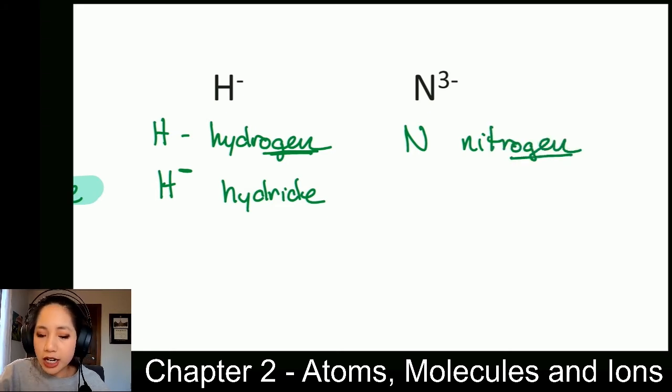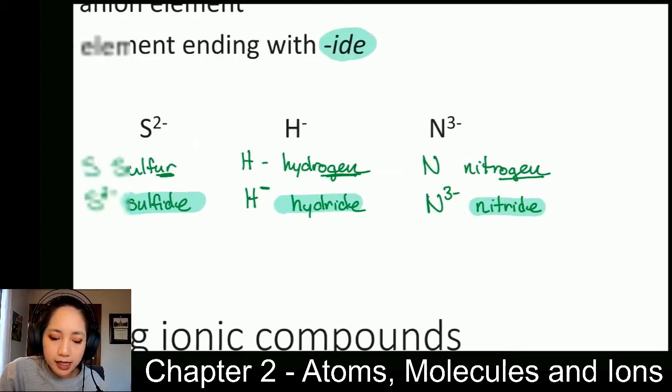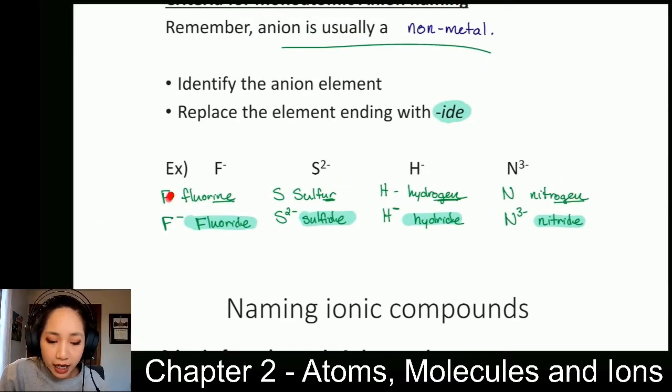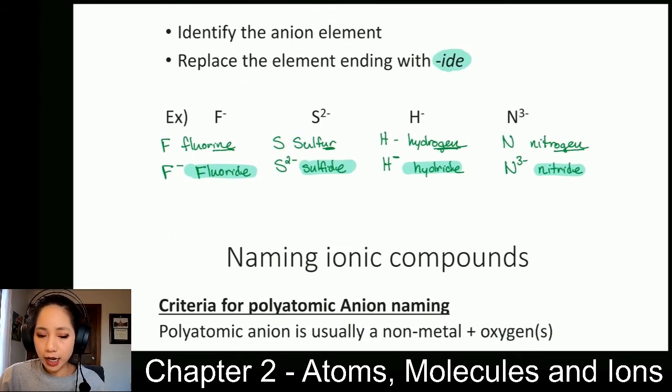We change the ending of nitrogen as an anion, and it will become nitride. In all of these examples, I identified the element first, and then because it's an anion, I changed the ending into "ide." These are only for monoatomic anions, meaning that it's just one element. So that's naming monoatomic anions.